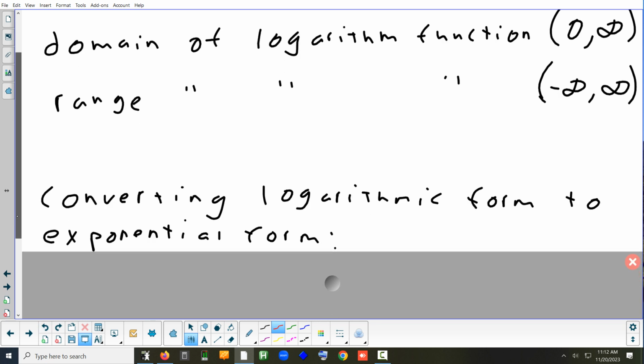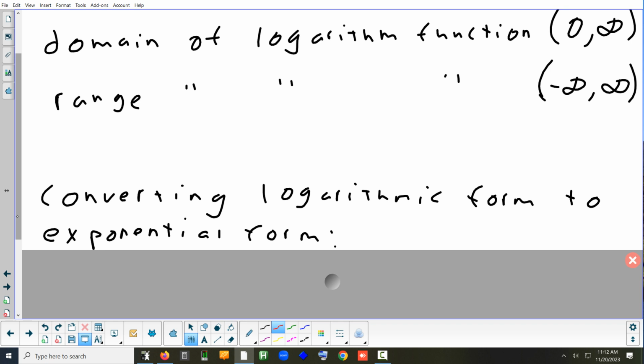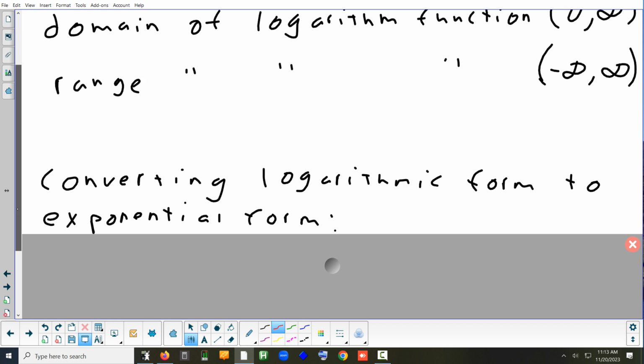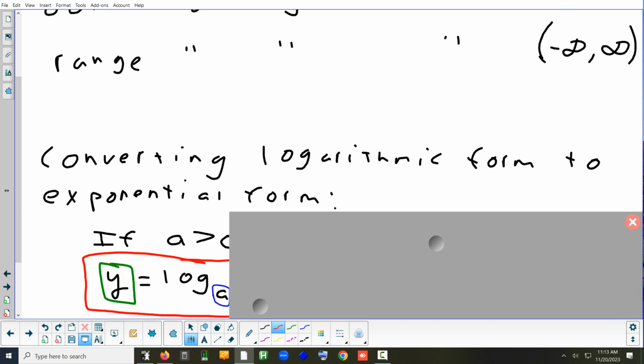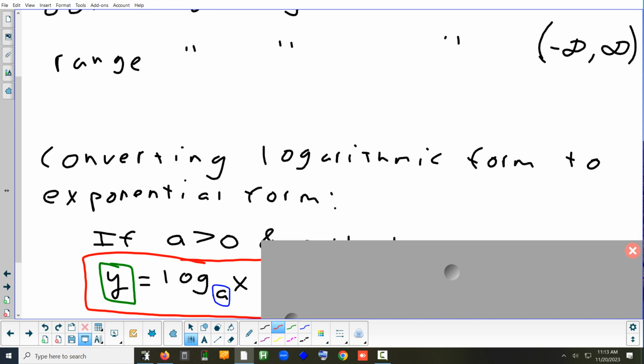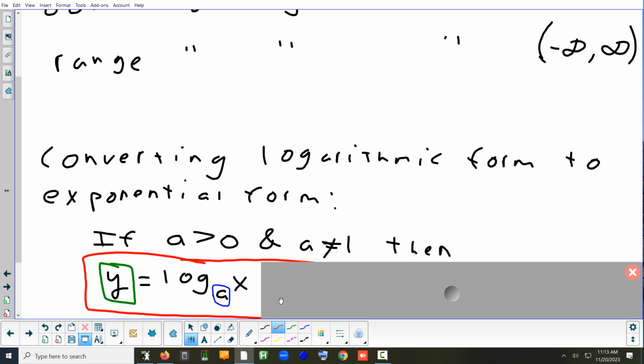Now I'm going to talk a little more about the question that was asked. How do you change between log form and exponential form? To convert between the two, there's no real math involved. It's more just rearranging where things are. On the left, that's log form: y equals log base a of x.